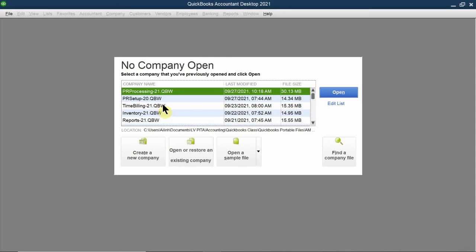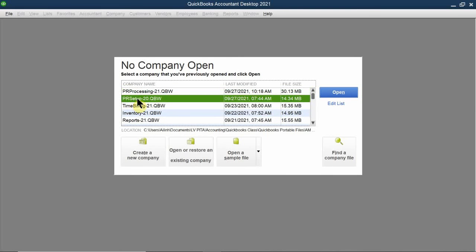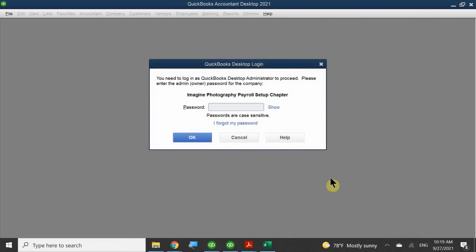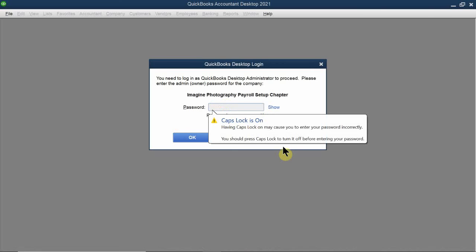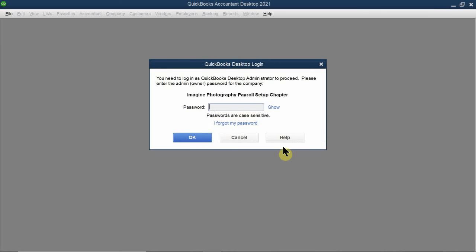Okay, and what I'm going to do is open up the company file that we did yesterday, which was the PR setup, where we set up Katie, right? Okay, and here you go. It asks for a password, so you can do it that way, where you go on the home page and double click on the file that you were using either last week or the day before.